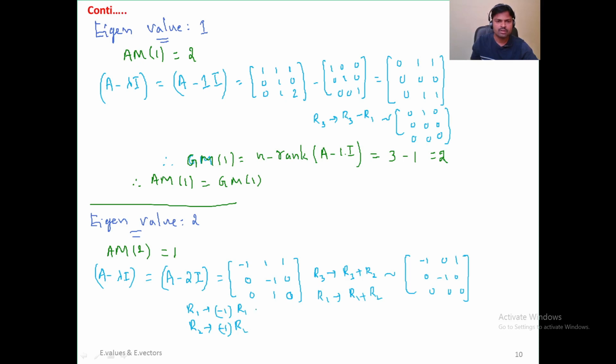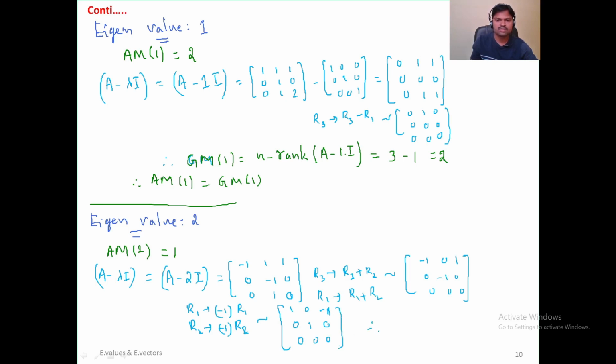Now, what do you get? First row 1 0 minus 1, second row 0 1 0, and third row 0 0 0. So this is perfectly the reduced echelon form.